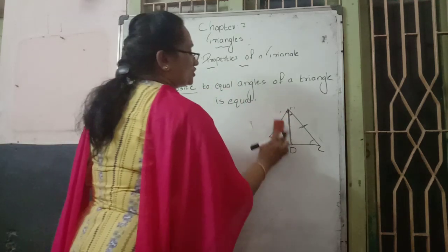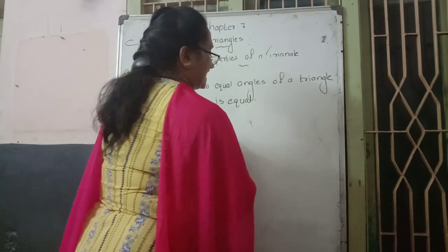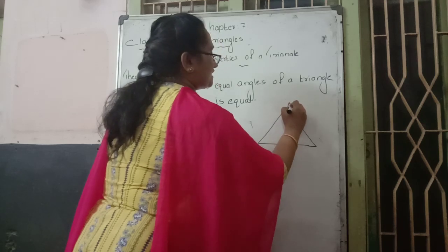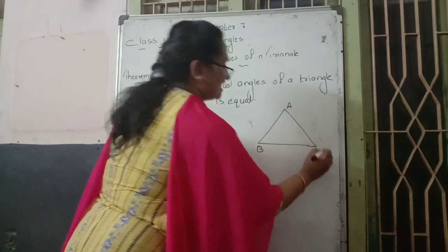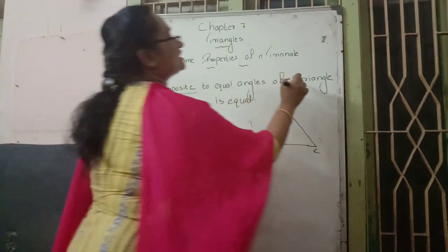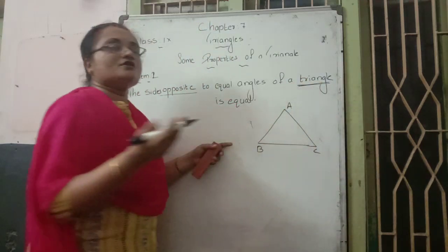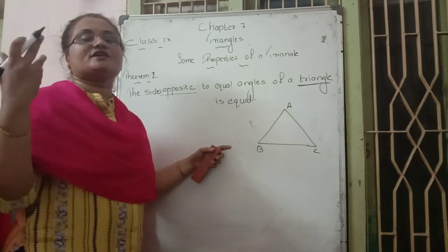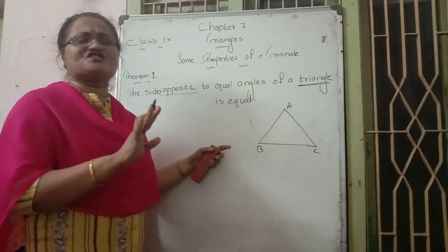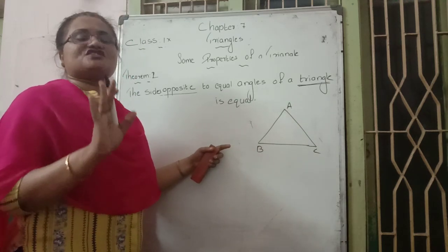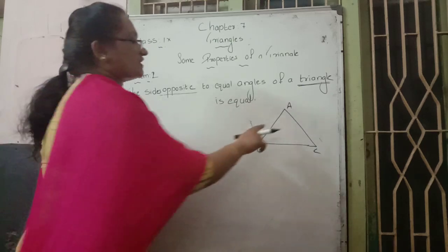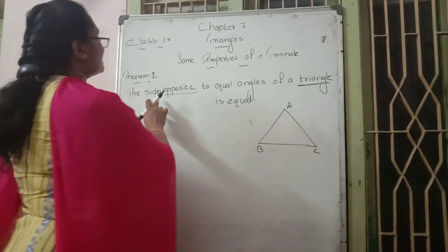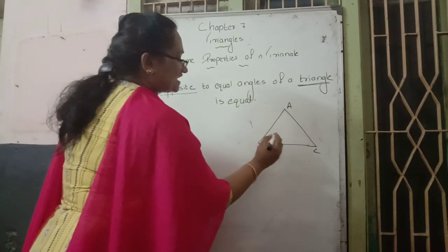That's why we can draw a triangle and name it ABC. This is our statement. They only mentioned a triangle, nothing about whether it is isosceles, equilateral or scalene. So we draw triangle ABC. Then what are they saying? Equal angles.